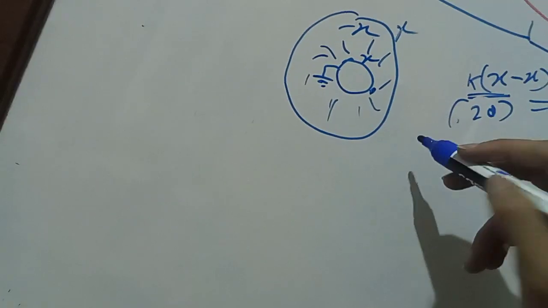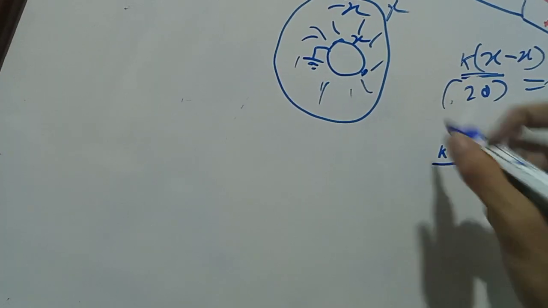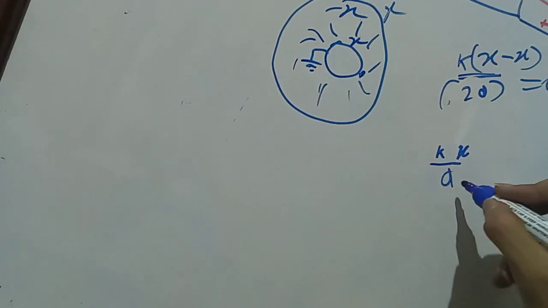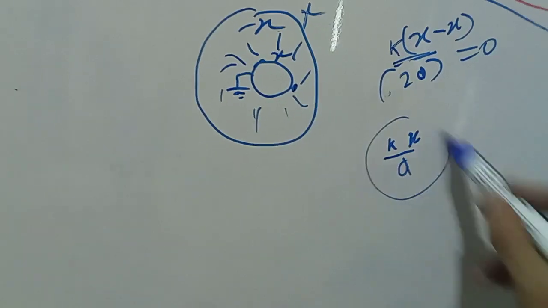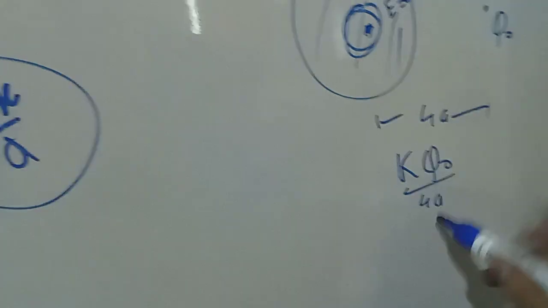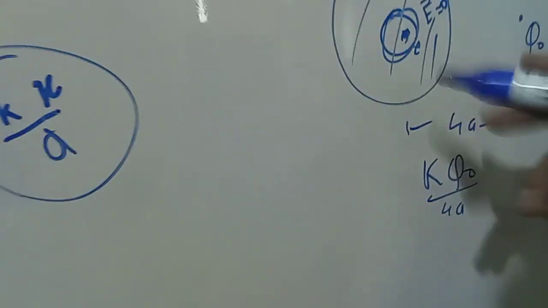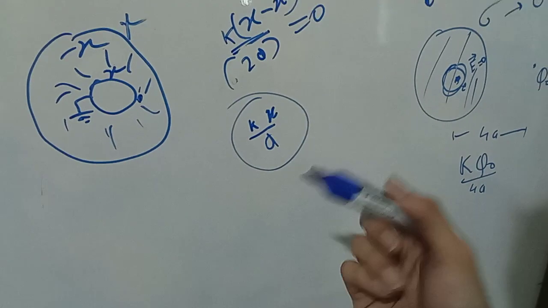Due to the inner sphere it's going to be kx by the radius of the inner sphere, which is a. So from this system, this is the potential right here. Now if we add these two, obviously we have to equate this to 0 because it's grounded.